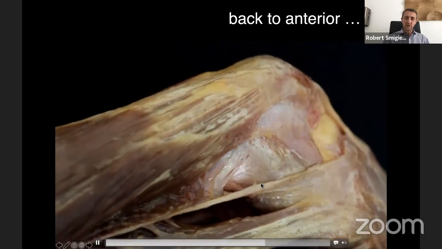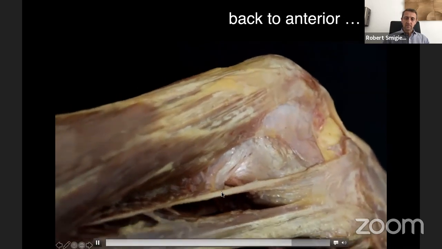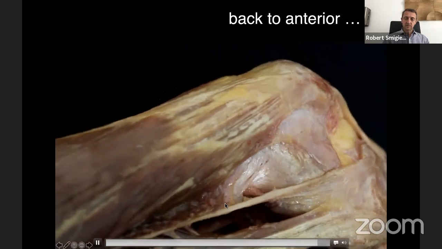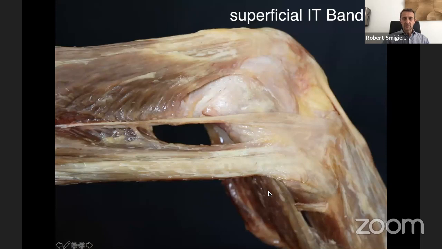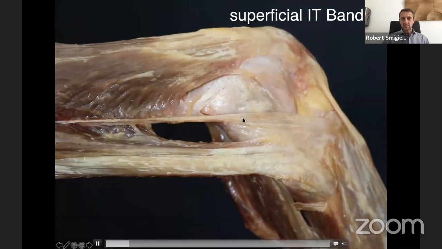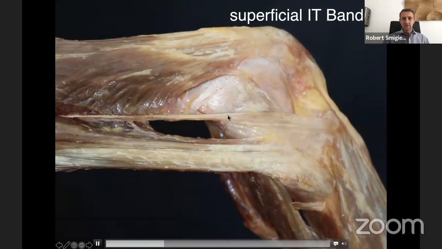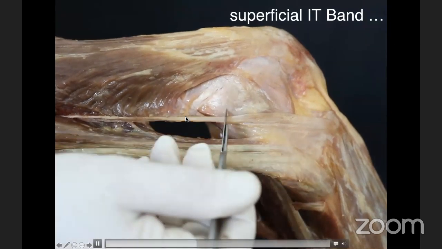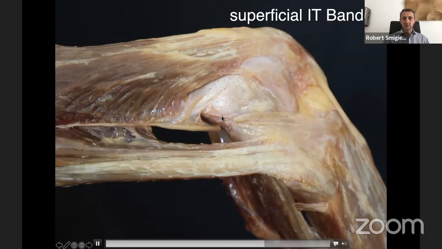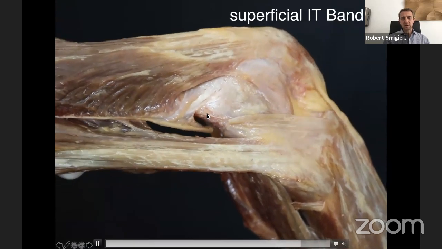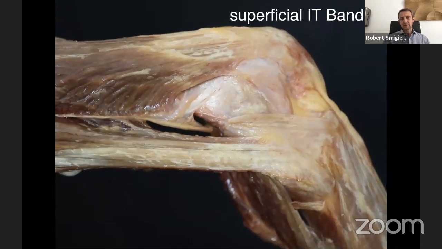When I make the rotation, the superficial part is not so tight. I cut the superficial IT band, it doesn't change much, but you can see the very thin structure, which is deeper, which is going to be tight when I make the rotation.